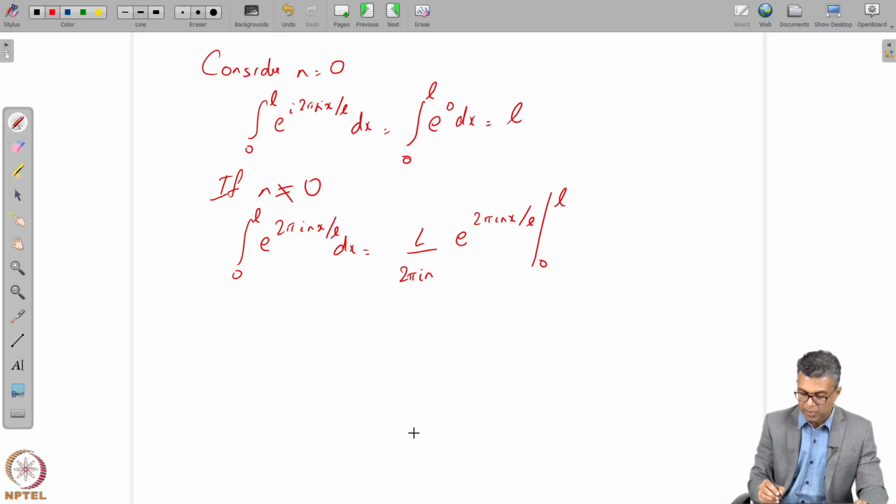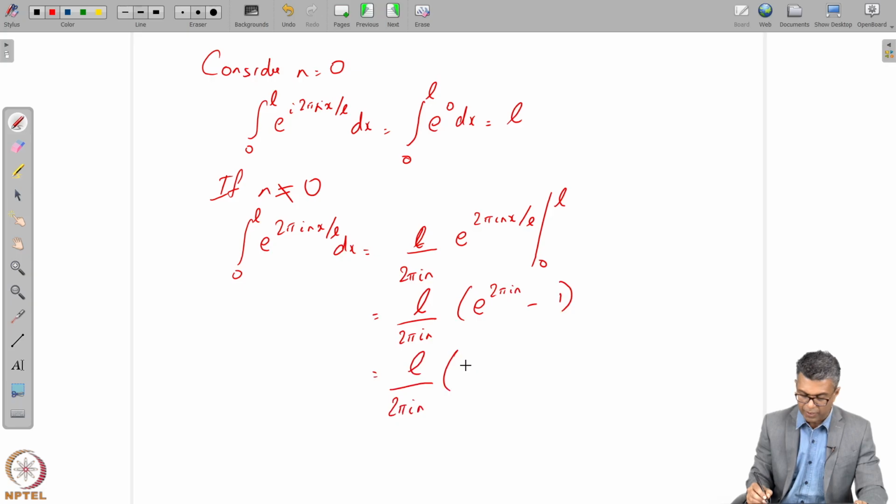What does this give you? This gives you small l over 2 pi i n, and then times, you substitute L, then minus, substitute 0, so you'll have e to the 2 pi i n minus 1. Then I can split this up as e to the 2 pi i n, which is cos 2 pi n plus i sine 2 pi n, minus 1.